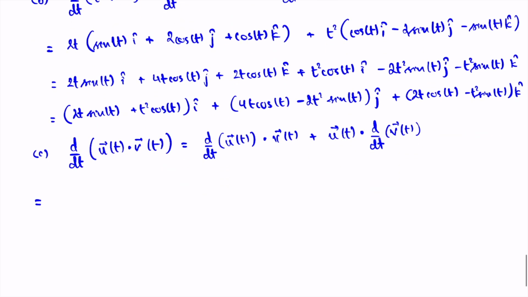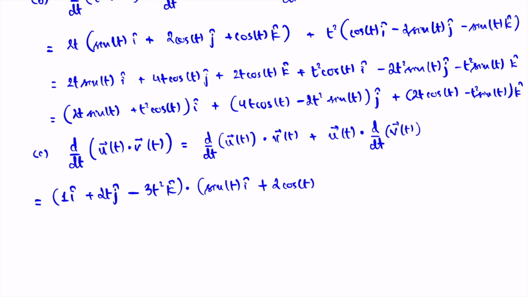So the derivative of the first function, given the first function u is equal to t i plus t squared j minus t cubed k, therefore you get 1 i plus 2t j minus 3t squared k. You dot that with v of t, which is sine of t i plus 2 times cosine of t j plus cosine of t k.